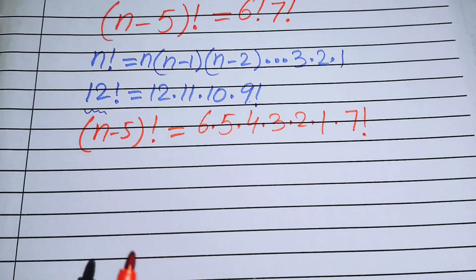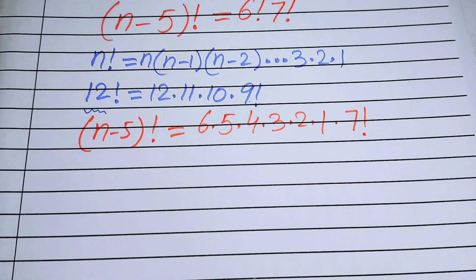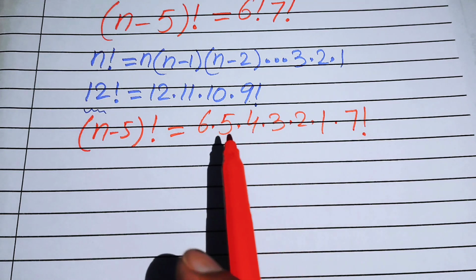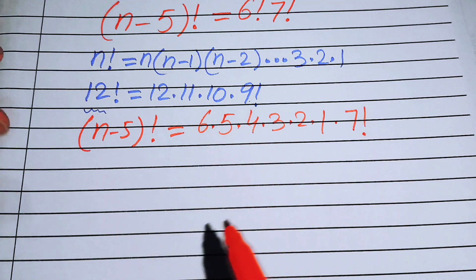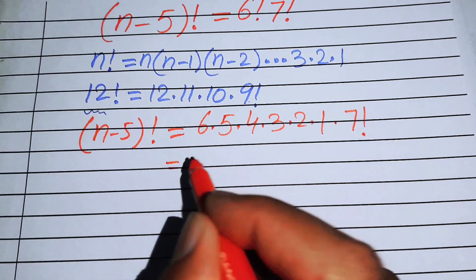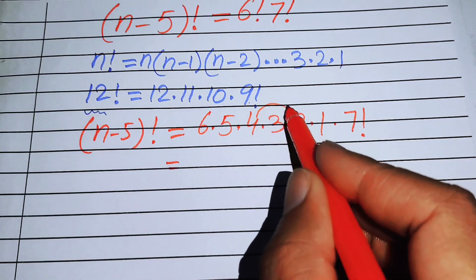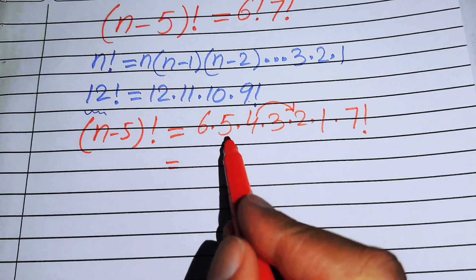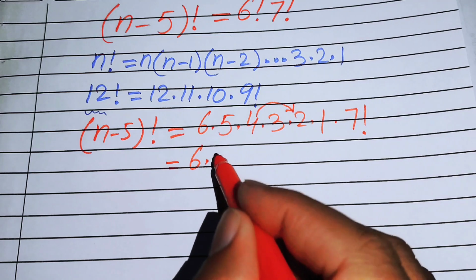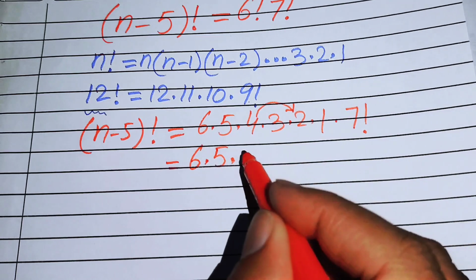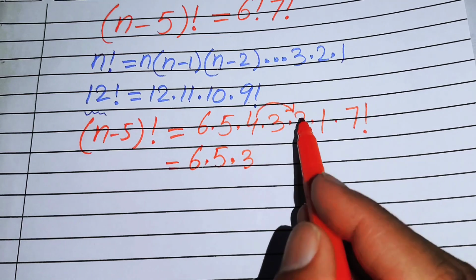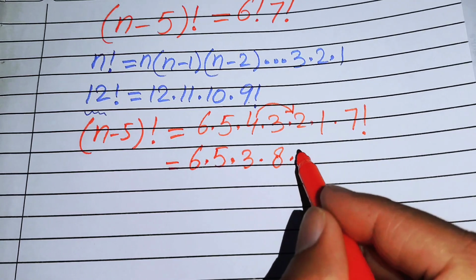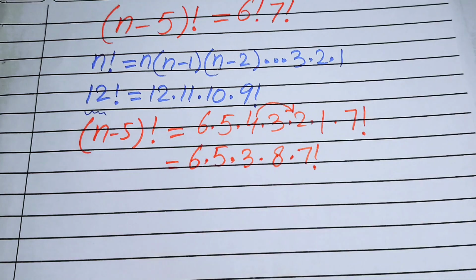Now we will simplify the right hand side and make it in whole factorial form. Here I can just multiply 4 times 2, and the other terms are 6, 5 and 3. When we multiply 4 times 2, you get 8, and here you have 7 factorial.